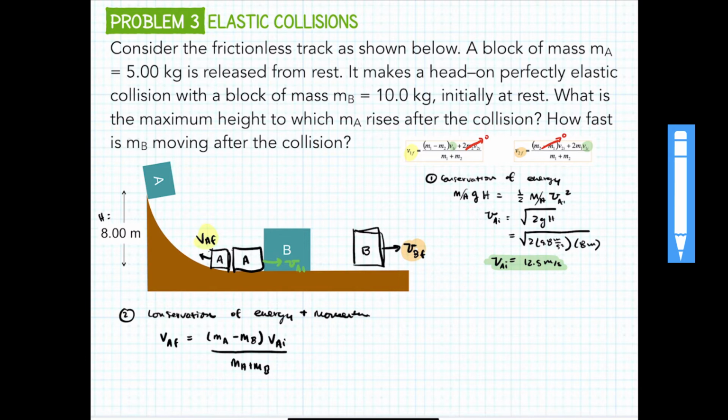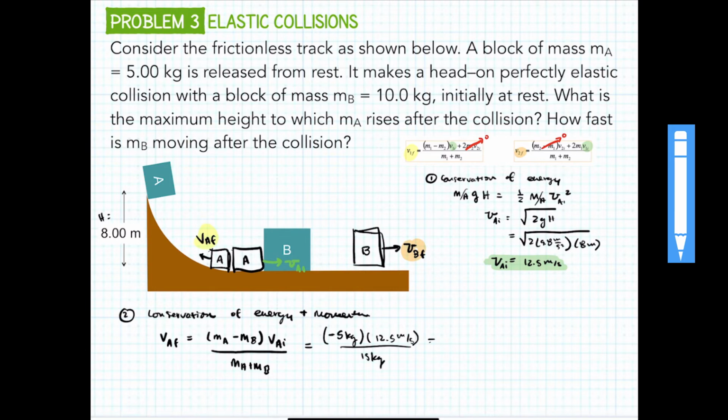If you want to actually solve this, then MA minus MB is 5 minus 10, so this is negative 5 kilograms times VA initial, which is 12.5, divided by 15 kilograms.